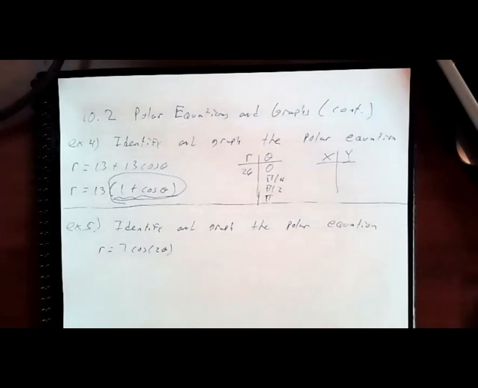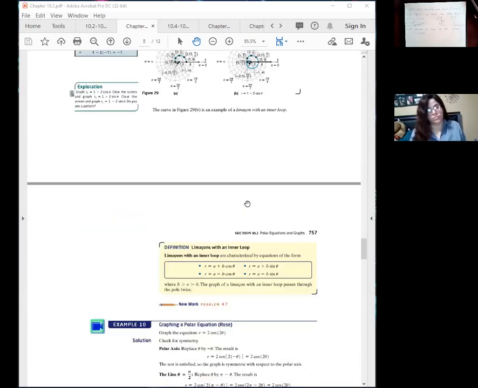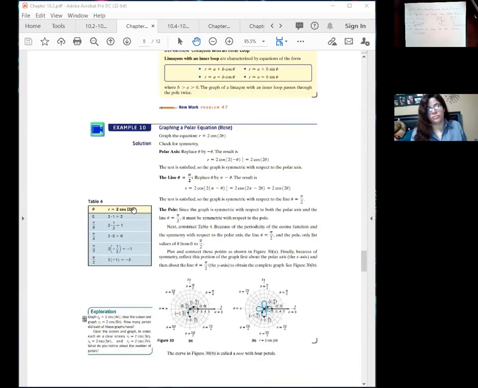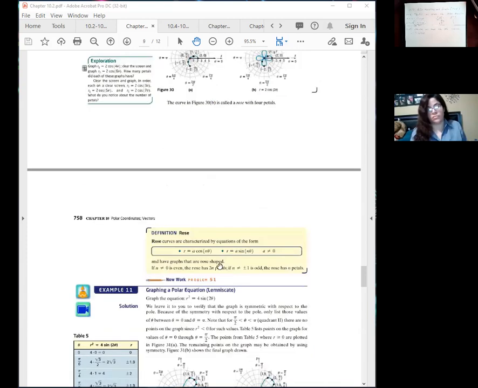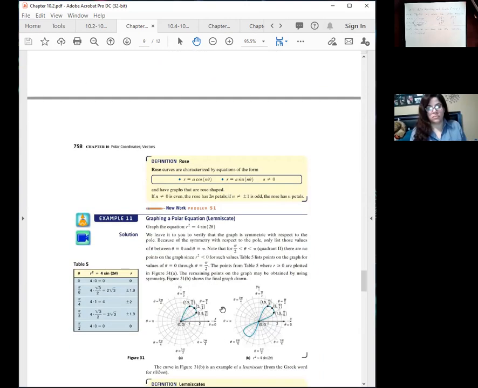Let me show you in the notes. You see how it has n theta? So if you have a cosine with double, triple, quadruple angle, it's going to be a rose. So all you have to tell me is what kind of graph that is, rose, and choose the correct graph.